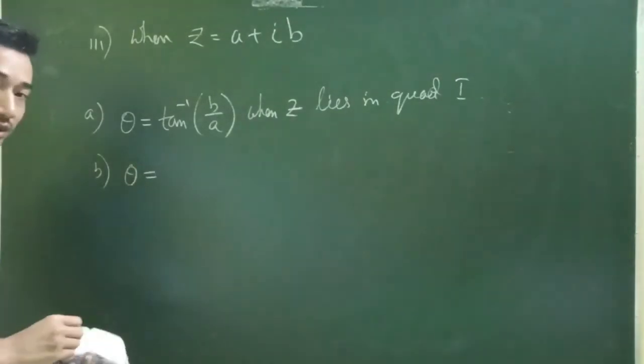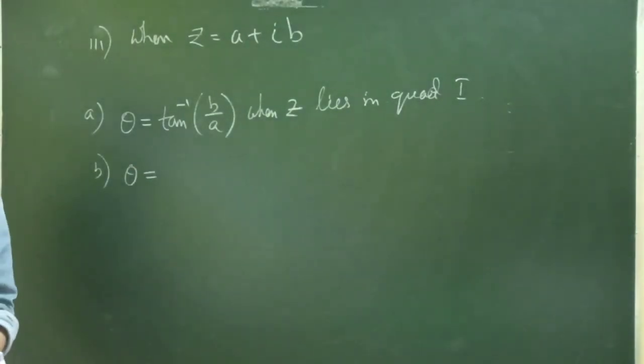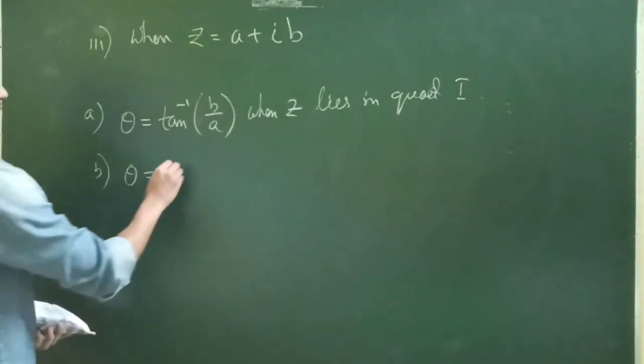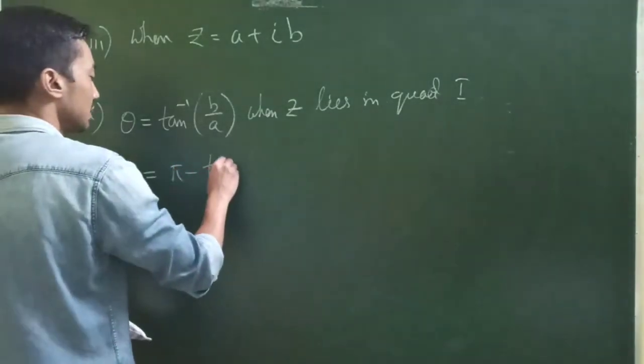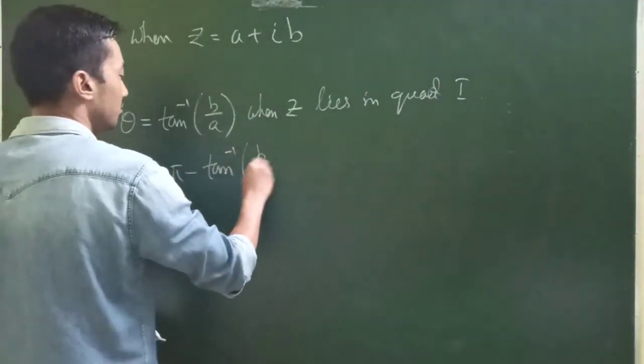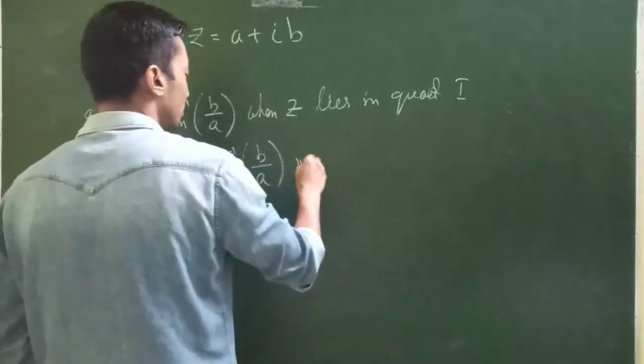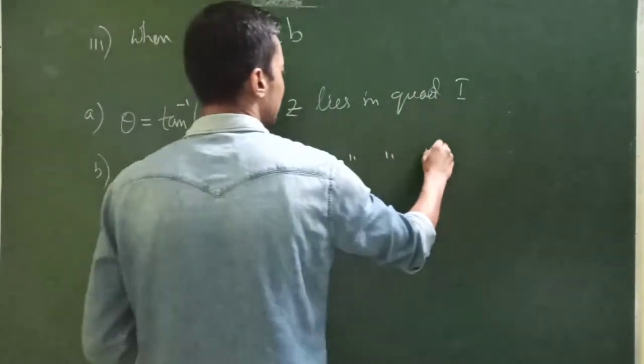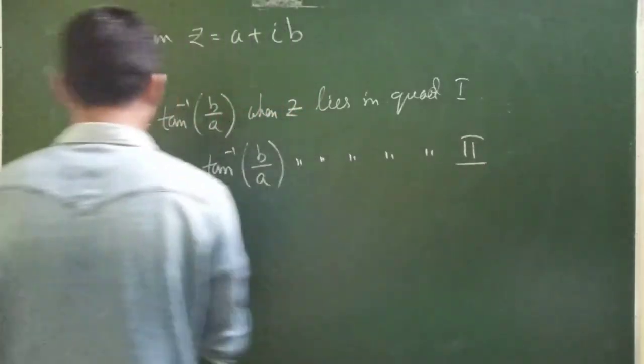Theta, meaning the argument of the complex number, will be equal to pi minus tan inverse of b by a when z lies in the second quadrant.